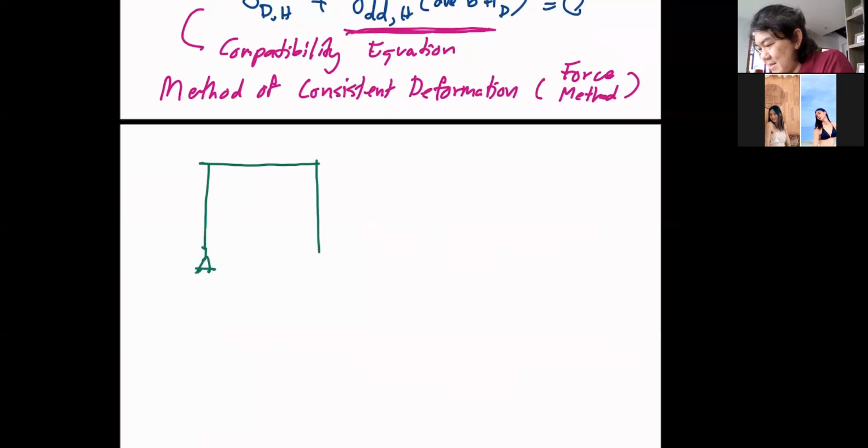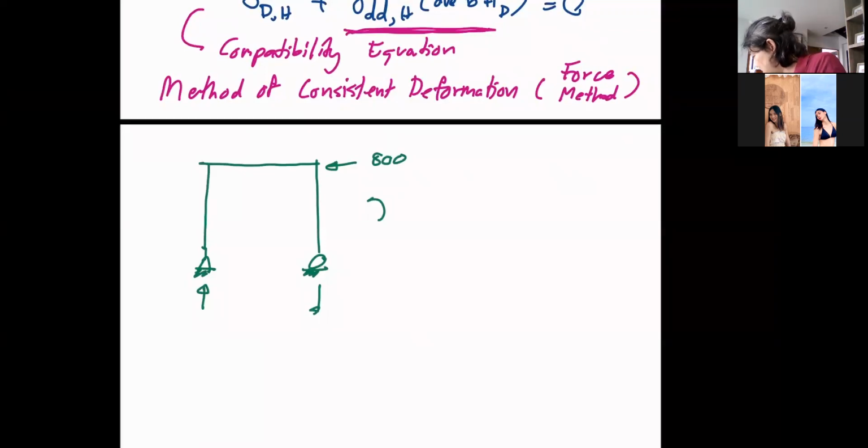And we have 800 applied here. So the moment in this is like 3200, going counterclockwise in this fashion. So I need the clockwise couple from the reaction.